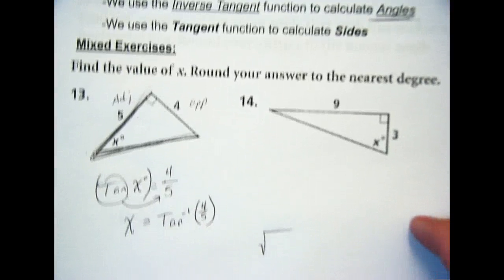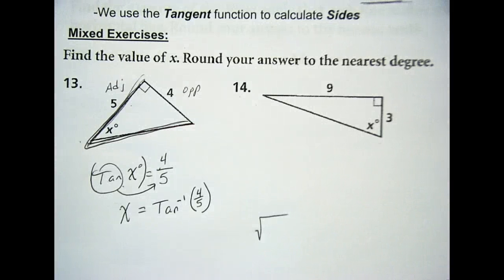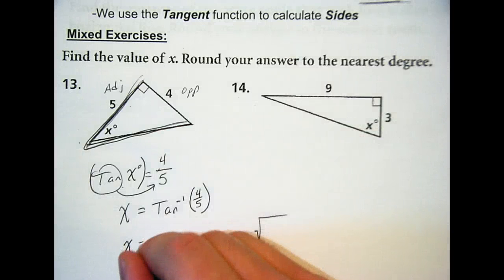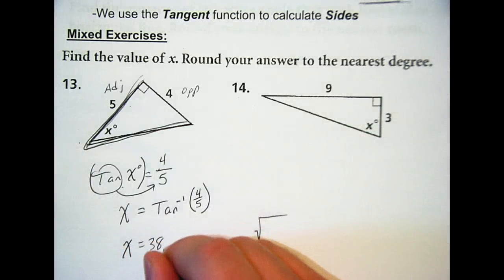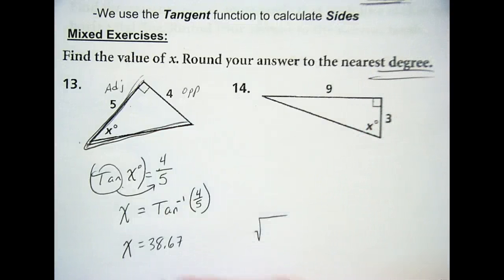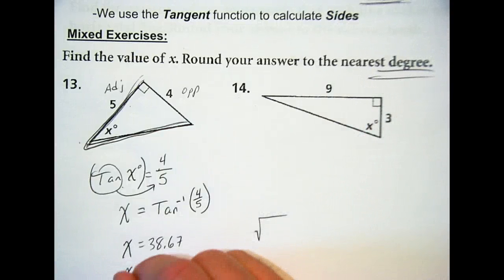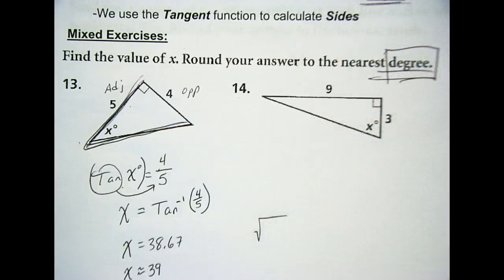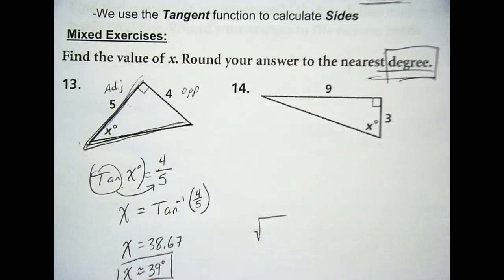So the inverse tangent of 4/5 is 38.6667, which we're rounding to the nearest degree. That means round to the nearest whole degree, so it goes up to 39.